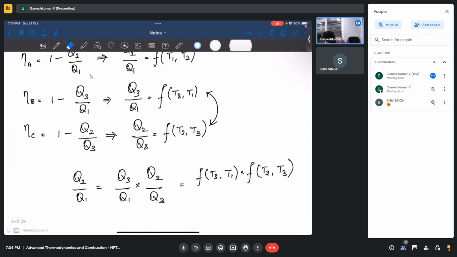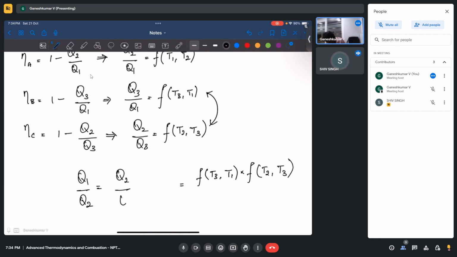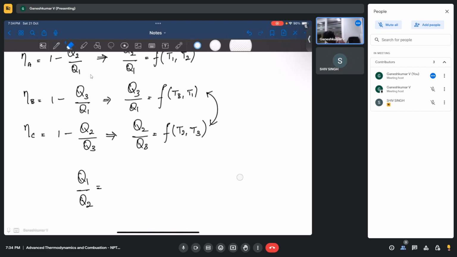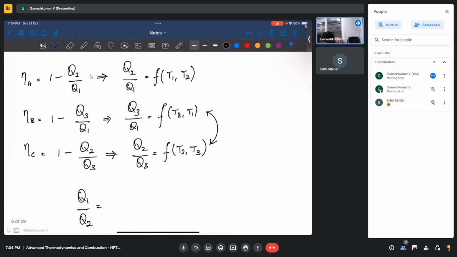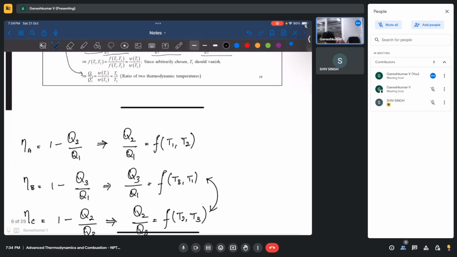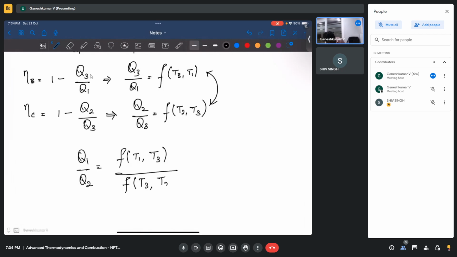Let's follow theirs. If you want to write Q1 by Q2, you will write it as they wrote: f of T1 and T3 divided by f of T2 and T3.